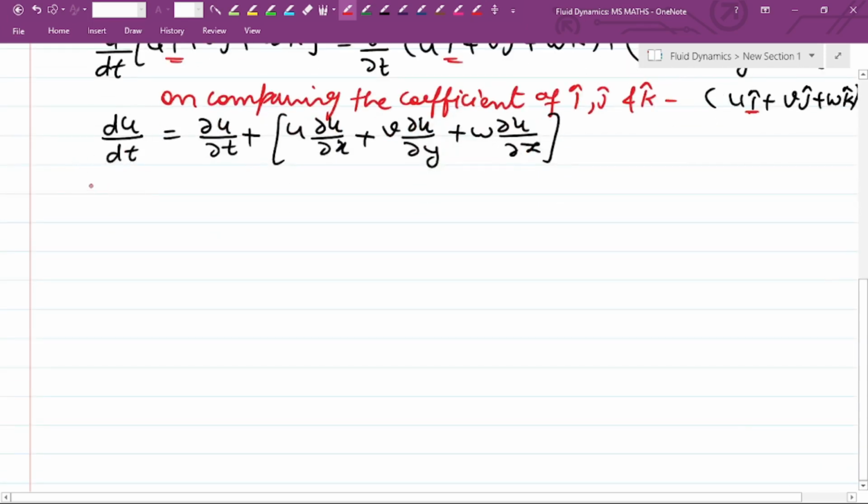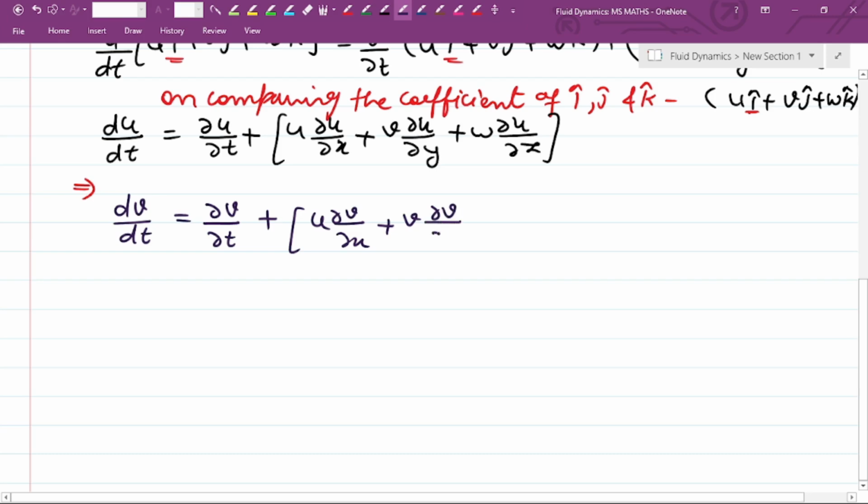Similarly, dv by dt is basically dou v by dou t plus u dou v by dou x plus v dou v by dou y plus w dou v by dou z.